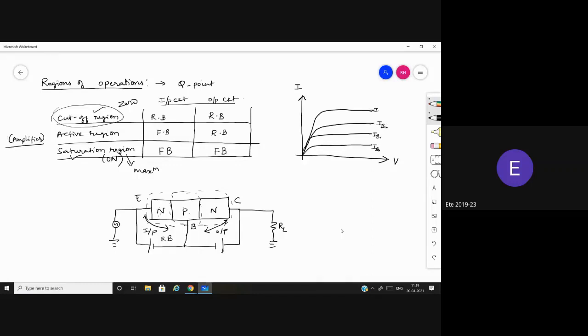Now, by seeing this graph, can anyone tell me in which mode or in which configuration I might have connected this? Common base, sir. Okay. Any other answers?